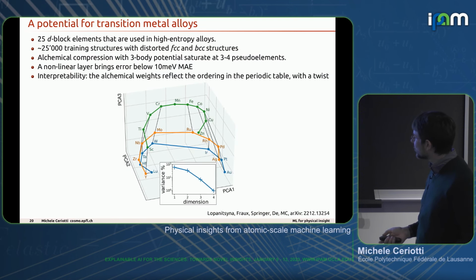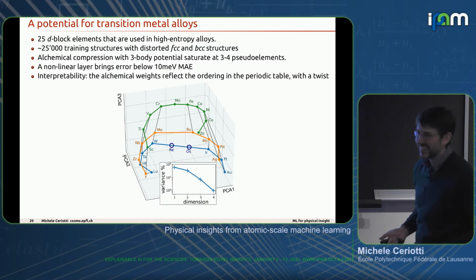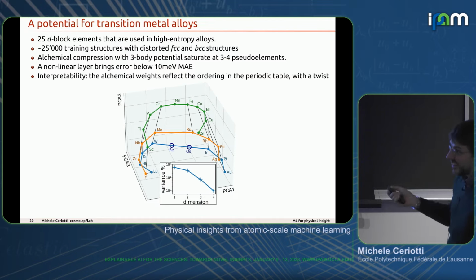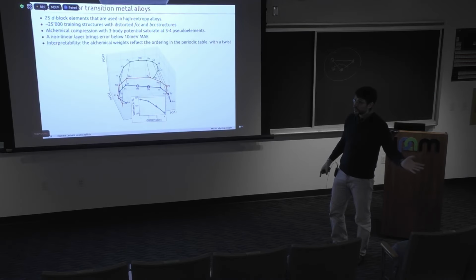And so what we tried to do was to say, well, why don't we just put rhenium and osmium in between tungsten and iridium? And actually, just by interpolating these weights, and then it's projected in three components, you can use those three components with the same weights without re-optimizing anything else.